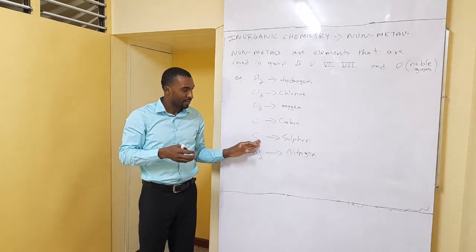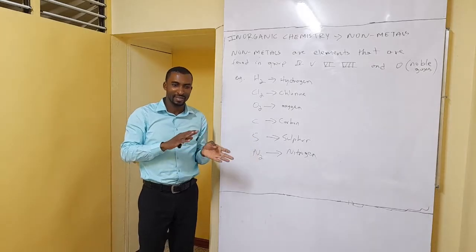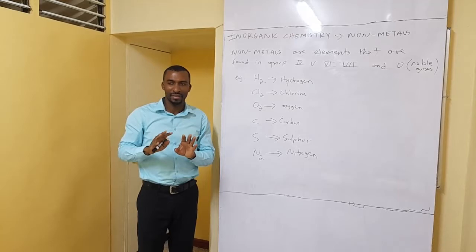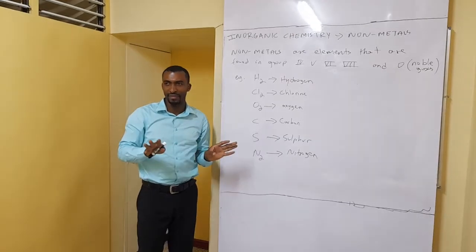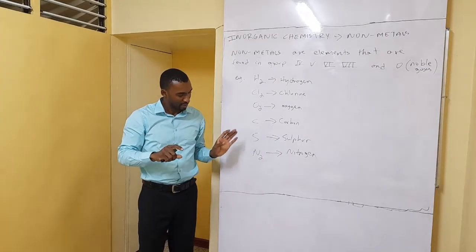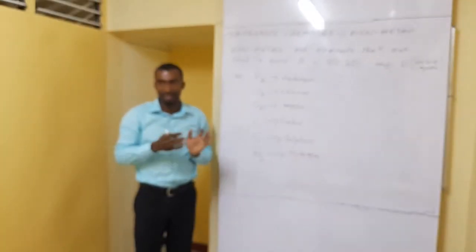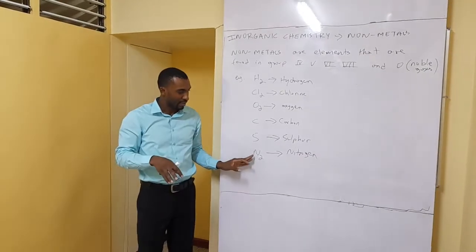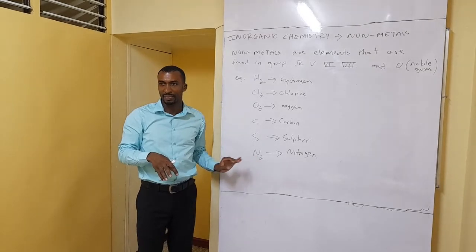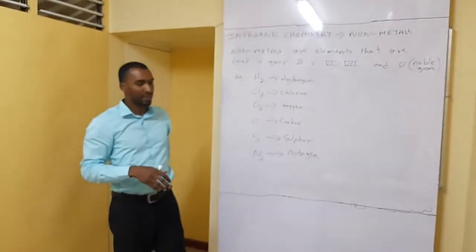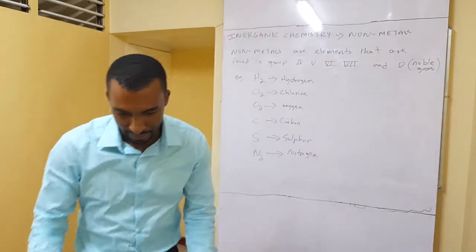Sulfur mainly exists as S8, but at this level you don't need to know that. Sulfur is a non-metal but solid at room temperature, not a gas in the atmosphere. Nitrogen is a gas, the most abundant gas in the atmosphere. So these are some of the elements that you can know.